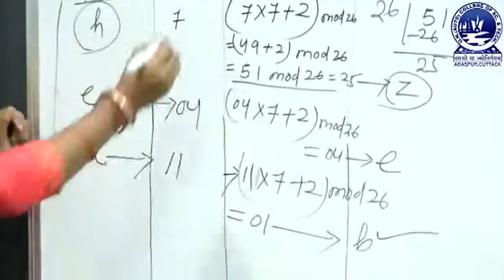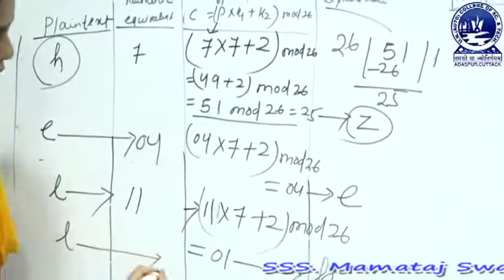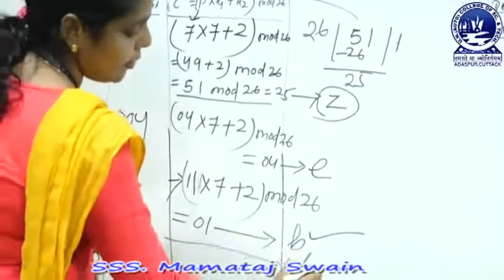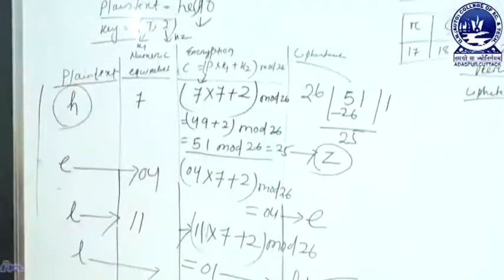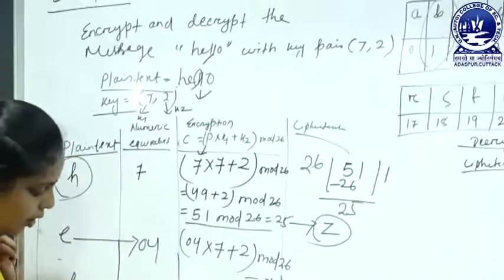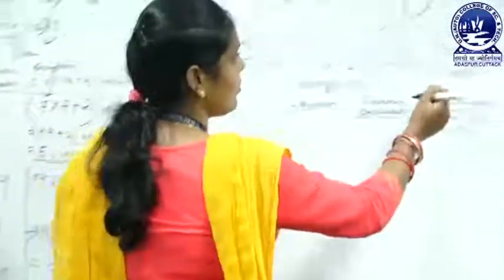Now the next alphabet is also L. That means for L, the ciphertext is B. Now the last alphabet is O. Here for O, the numeric equivalent is 14.